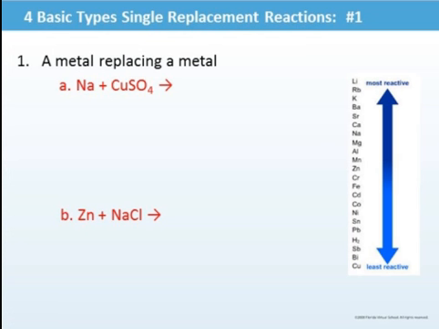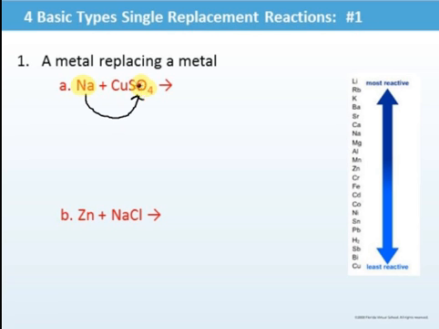We see 4 basic types of single replacement reactions. The first type is when a metal replaces a metal. Sodium is going to try to come in and form a bond with sulfate. When a metal is by itself like this, it is the pure metal, sodium, which is a solid. It's not an ion already. So sodium has to form an ion to form a bond with sulfate.